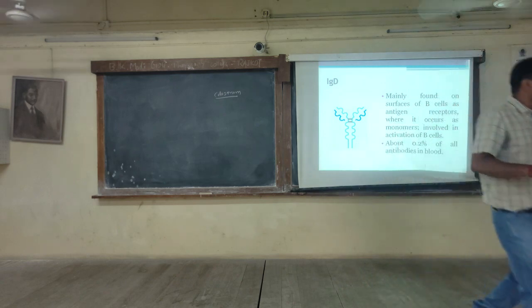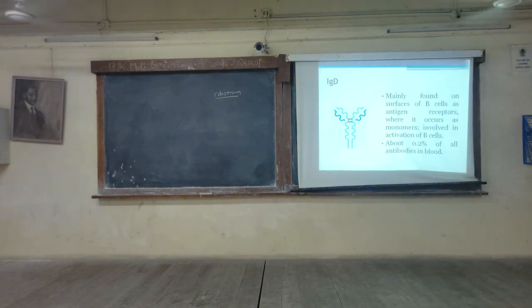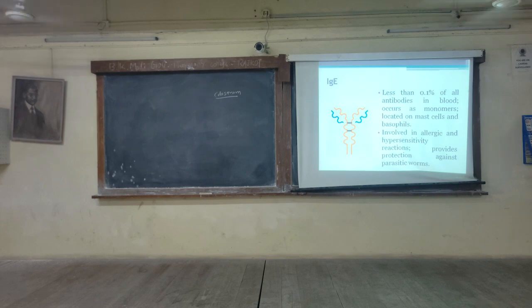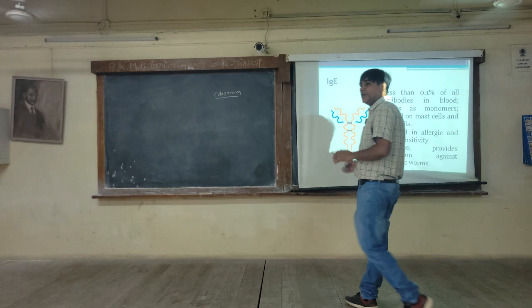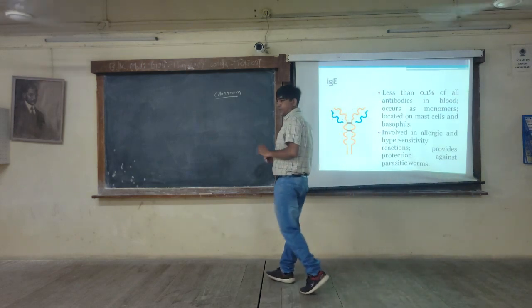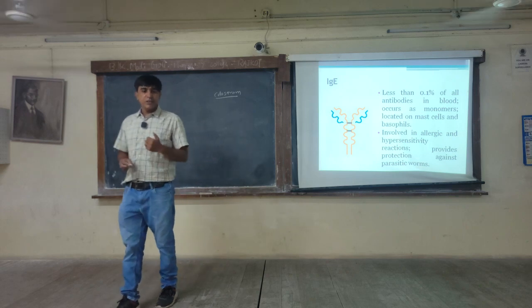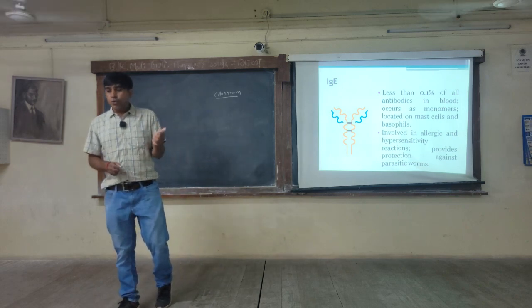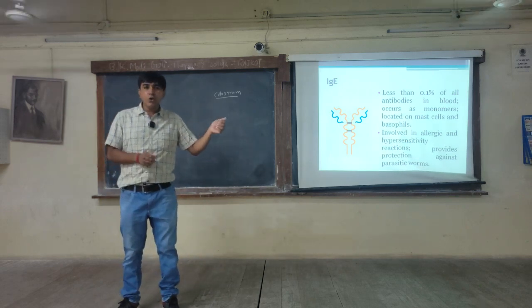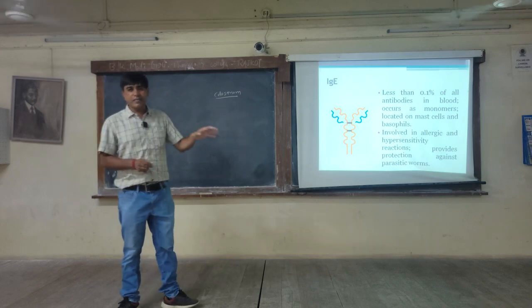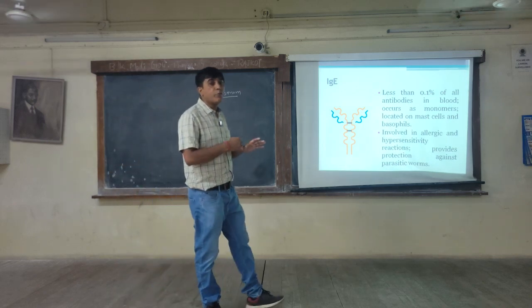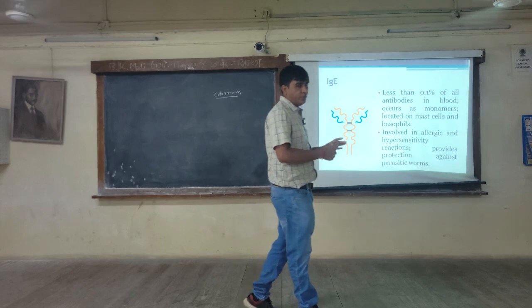About 0.2% of all the antibodies are IgD molecules. And IgE molecules are very few in number, but they are responsible for very severe reactions. They are responsible for all kinds of allergic reactions, and though they are present in very low content in the blood, they can produce very severe reactions.